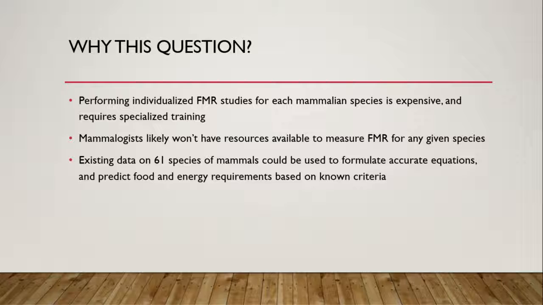By creating a consistent model based on existing data, it is possible to predict a species' FMR without having to actually go and measure it. This is especially helpful for wildlife managers, as it can help create a formula to predict food and energy requirements, and managers can base their management plans around those predictors.